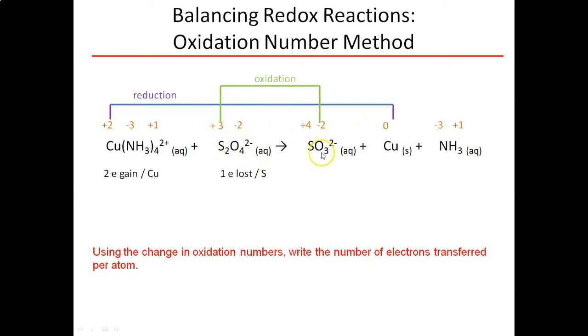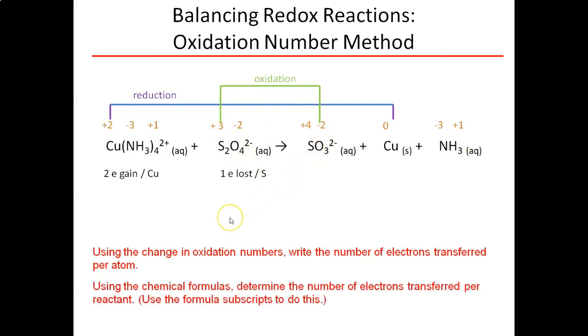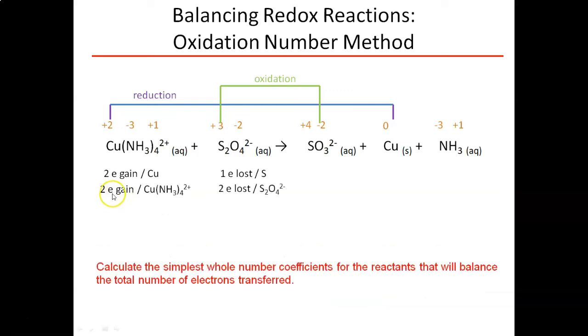Went from a +3 to a +4, so I lost 1. And then I'm going to determine a change per ion or compound. Since this compound has 1 copper and it gained 2, it's 2 gained for the compound. Since this compound has 2 sulfurs and they each lost 1, it's 2 lost for this compound.